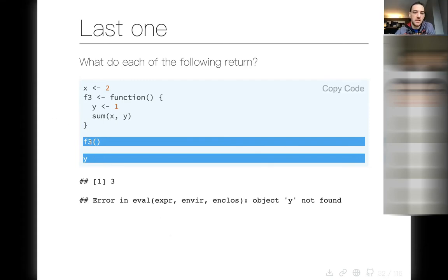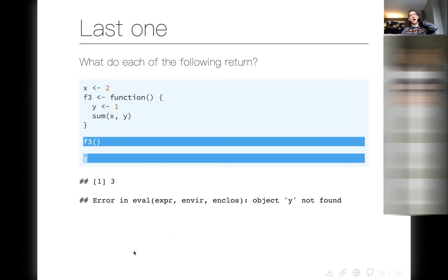When I run f3, I get 3 because it's finding x outside of its local function, and then it's getting y from here. But y only lives within that function, so it can't find y when we're just saying do it here.